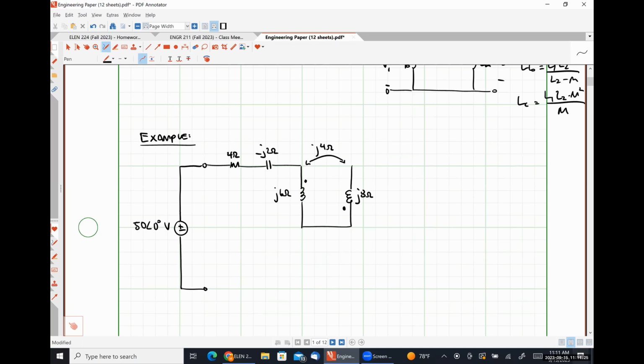Ohms. A 20 ohm resistor over which we're trying to find this output voltage V out, like so. So this is our circuit of interest.